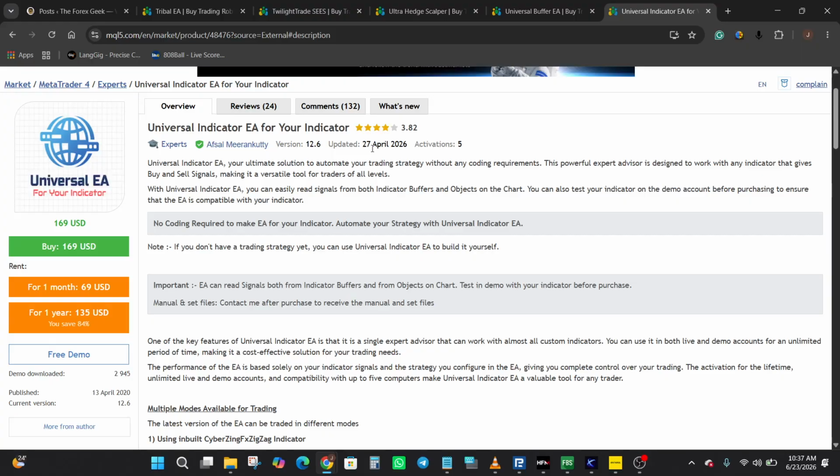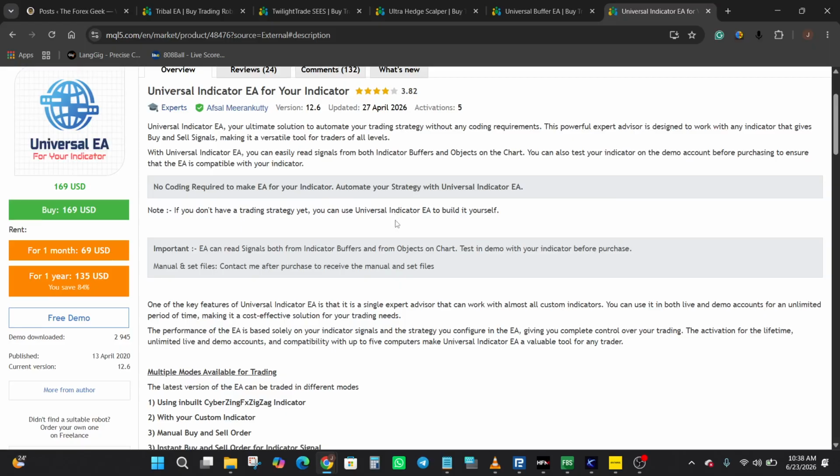Now, starting with the Marketplace overview, Universal Indicator EA is presented as a tool designed to automate trading strategies without requiring any coding knowledge. Now, rather than operating as a fixed trading system with predefined rules, the EA is built to work with indicators that generate buy and sell signals, allowing traders to automate strategies based on the indicators they already use.